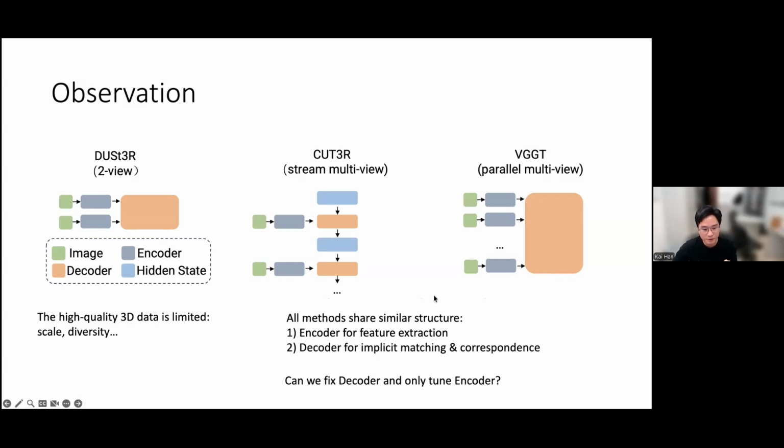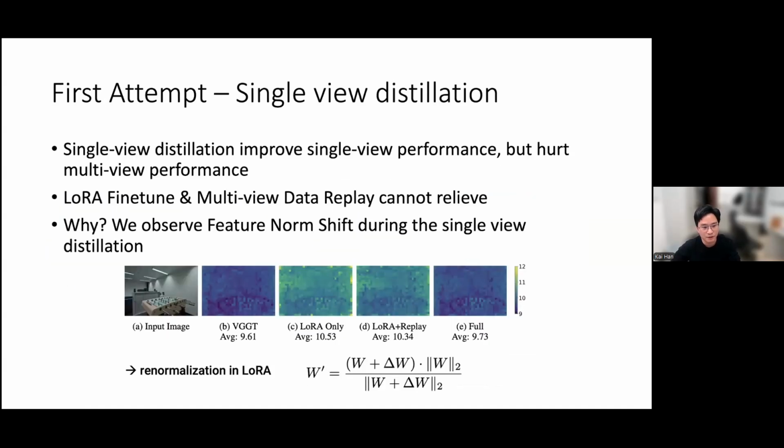The encoder is responsible for getting the features from the input image. The decoder is closer to our final task, which is getting the camera pose, the geometry, and things like that, more task relevant. Then we were thinking, if we can reduce the amount of parameters we need to tune, whether we can fix the decoder, because that's relevant to the task, not really the details, and only tune the encoder, and whether that can work.